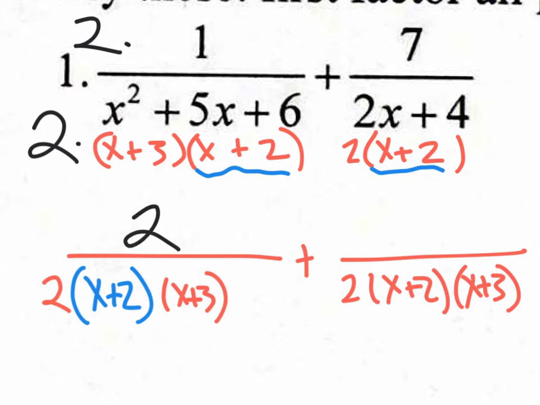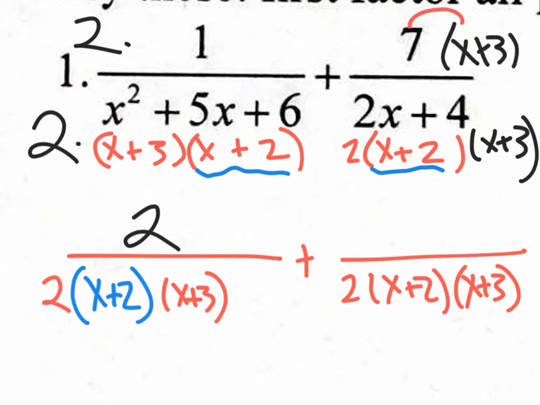And now let's go back to the original over here. What's missing from this guy so it'll look like this new LCD? An x plus 3 is missing. So if you go times x plus 3 on the bottom and also times x plus 3 on top, of course you're going to get what as your new numerator? 7x plus 21.